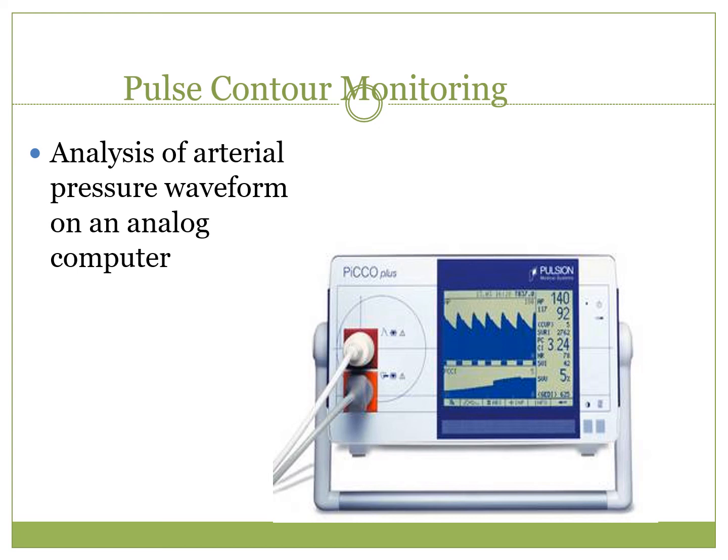All right, a couple more. Pulse contour monitoring. This is like this PICO Plus. It basically is an invasive arterial pulse contour analysis. It's considered minimally invasive, but it is still invasive, and is an indirect method used to assess cardiac output.